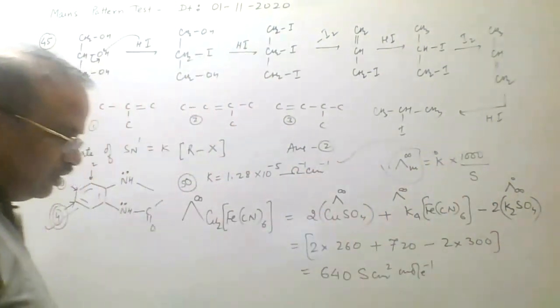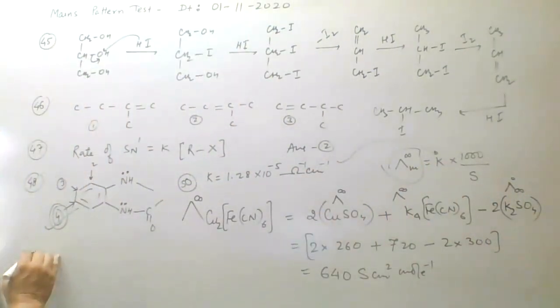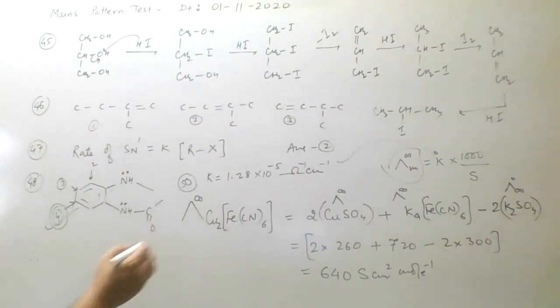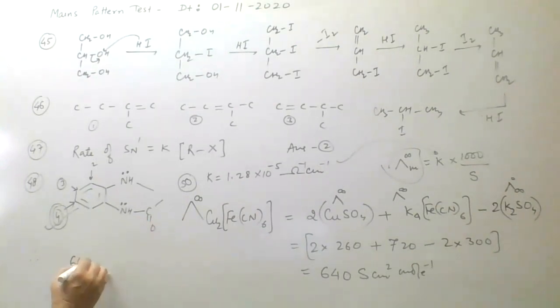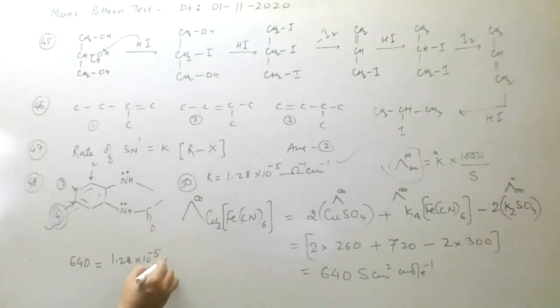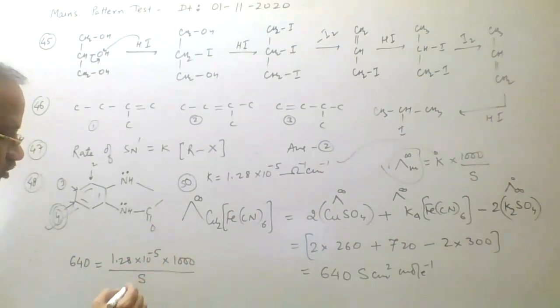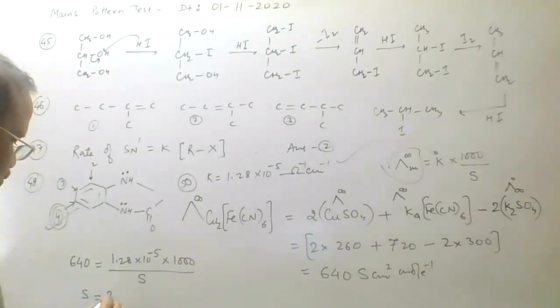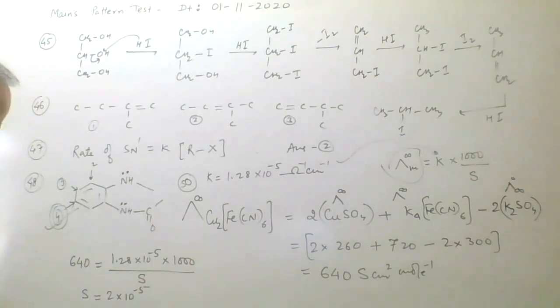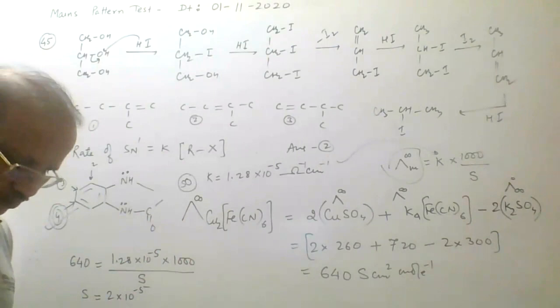We can get the value of solubility. So 640 is equal to 1.28 into 10 to the power minus 5 into 1000 divided by the solubility S. Whatever S we get is the solubility, and that is equal to 2 into 10 to the power minus 5. So the answer is 2.